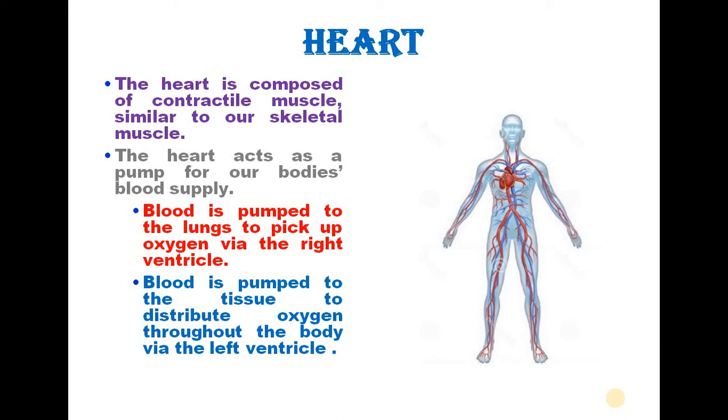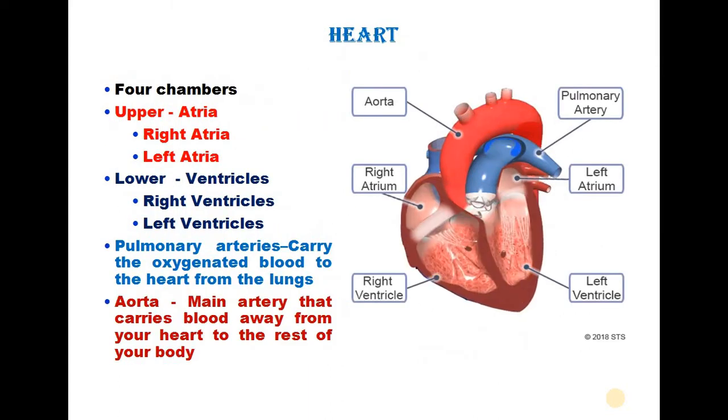The heart is composed of a contractile muscle similar to our skeletal muscle. The heart acts as a pump for our body's blood supply. Blood is pumped to the lungs to pick up oxygen via the right ventricle. Blood is pumped to the tissue to distribute oxygen throughout the body via the left ventricle.